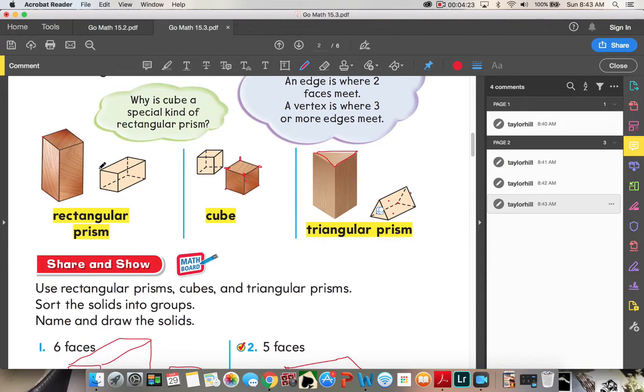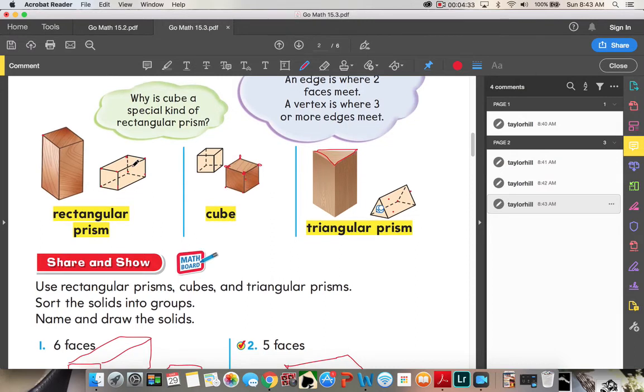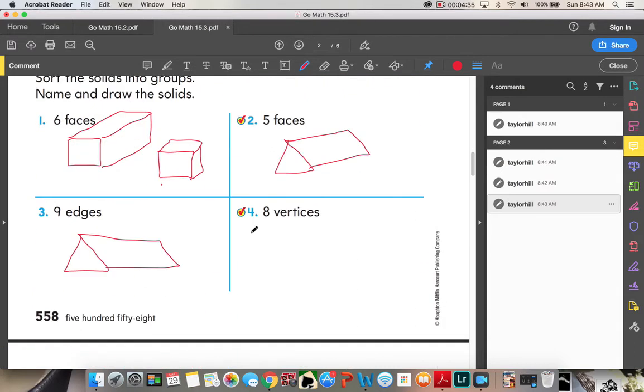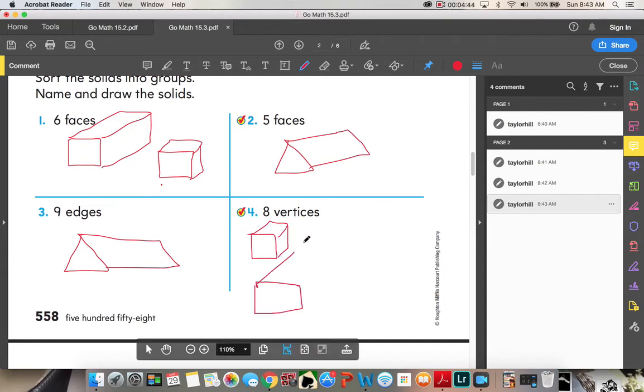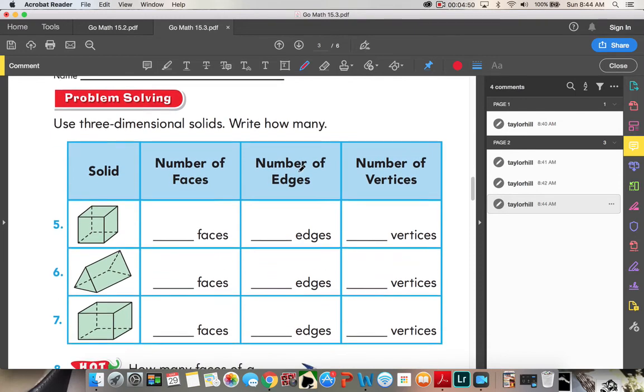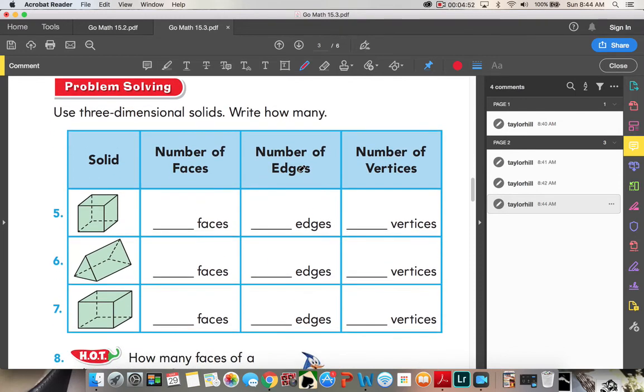Here, I'll draw it on this one. 1, 2, 3, 4, 5, 6, 7, 8. So for this one, 8 vertices, it can be our cube, and it can also be our rectangular prism. Okay, there we go.